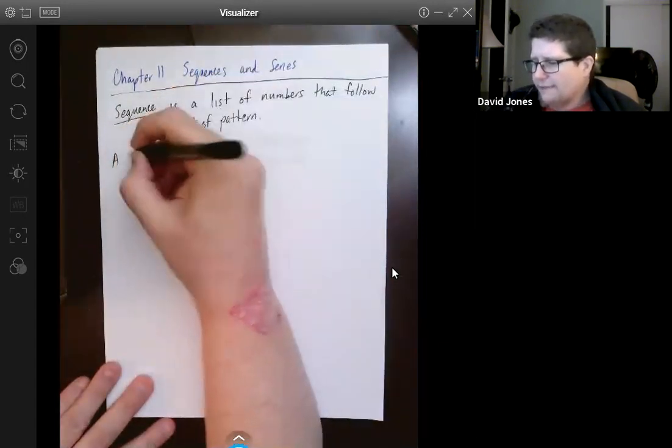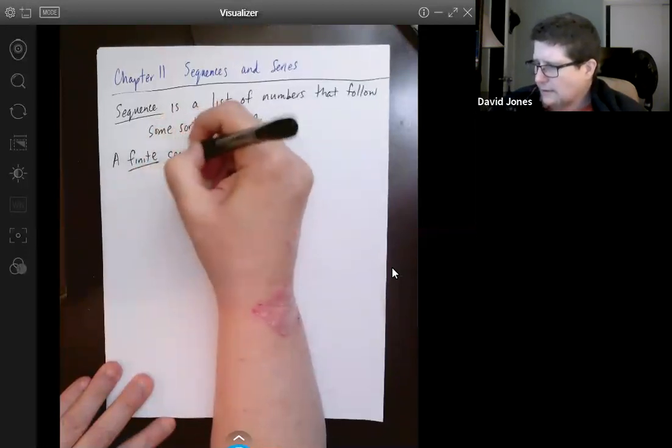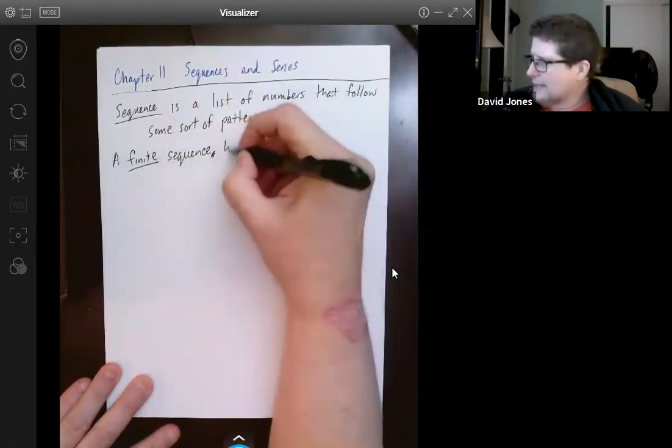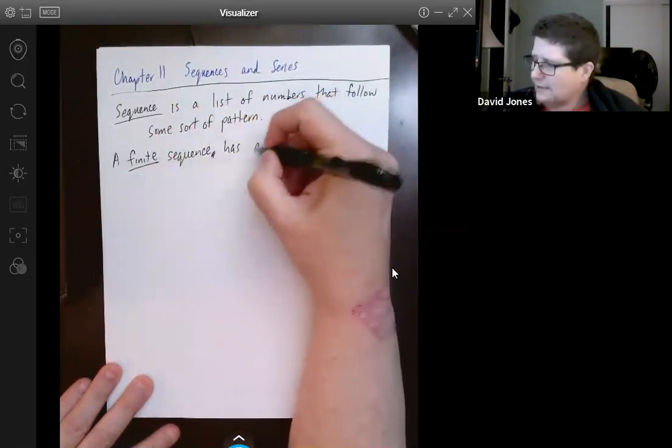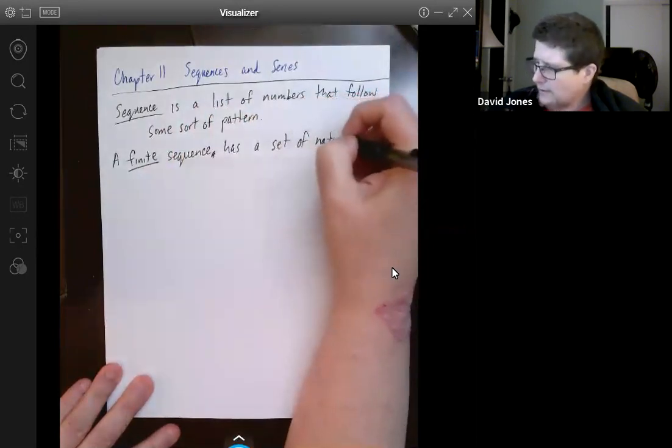If we call it a finite sequence, a finite sequence has a set of natural numbers.